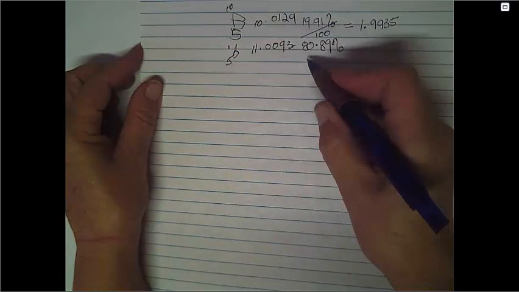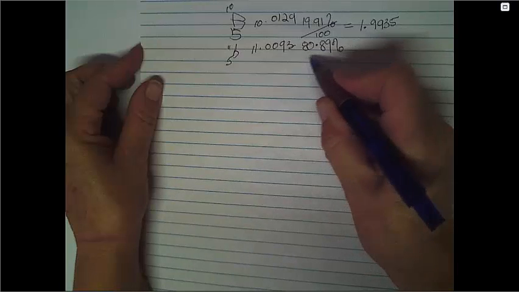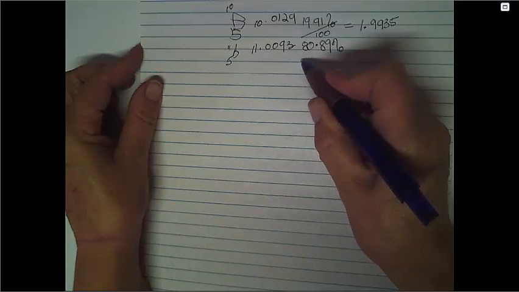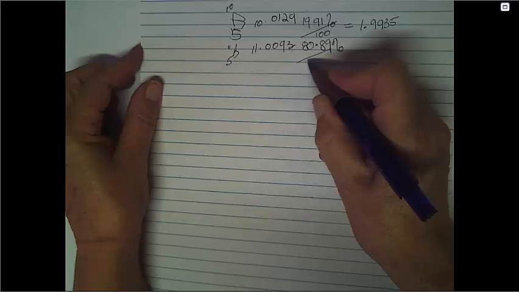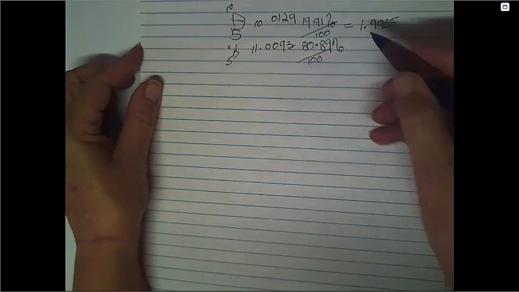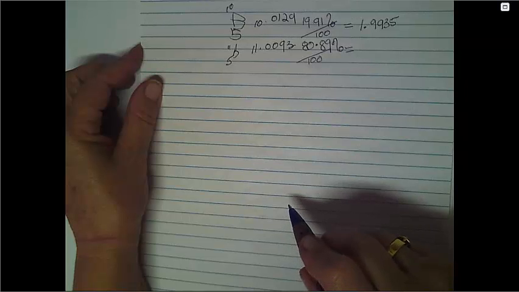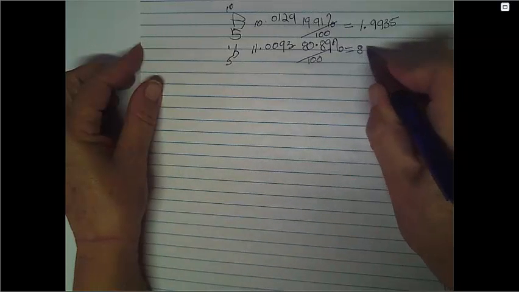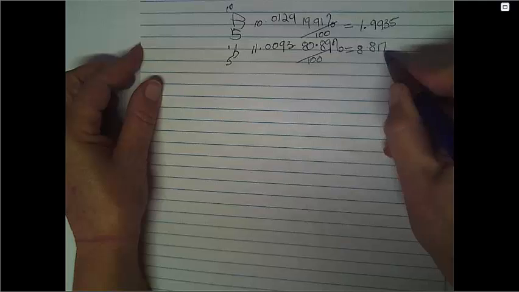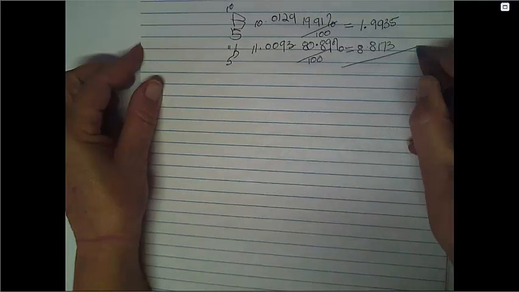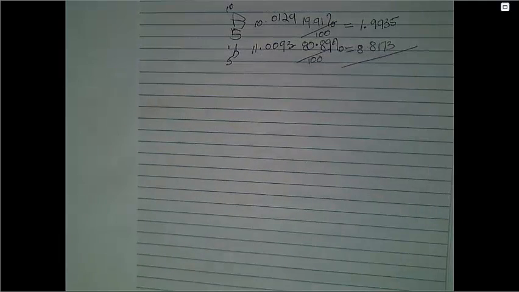Then we have to multiply this isotope, 10.0093 by 80.89 divided by 100. And the value we get there is 8.8173. If we add these together, we will get the value which is printed on the periodic table.